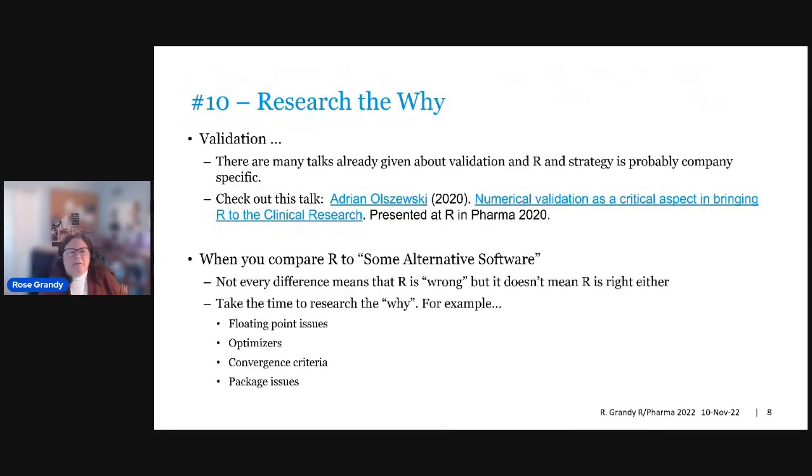Okay. And finally, step number 10 is where I'm going to end for today. So this is a bit about validation, but also about what you will generate in R versus whatever you're using right now. I didn't want to spend a lot of time on validation because there's a lot of great talks out there on validation, and also, based on what I've seen, validation strategy really varies from one company to another.